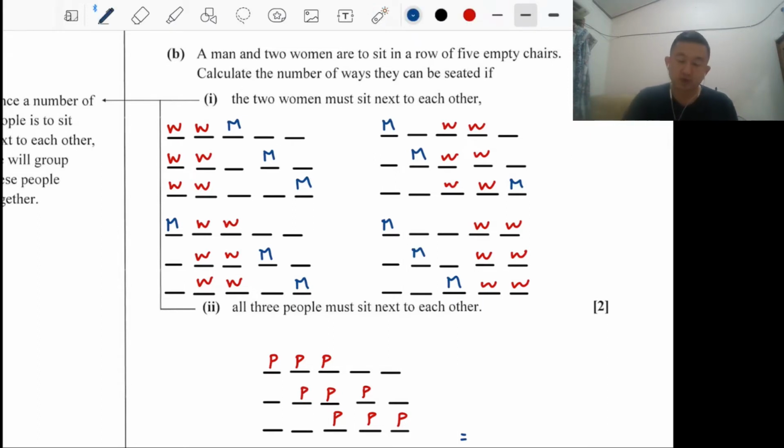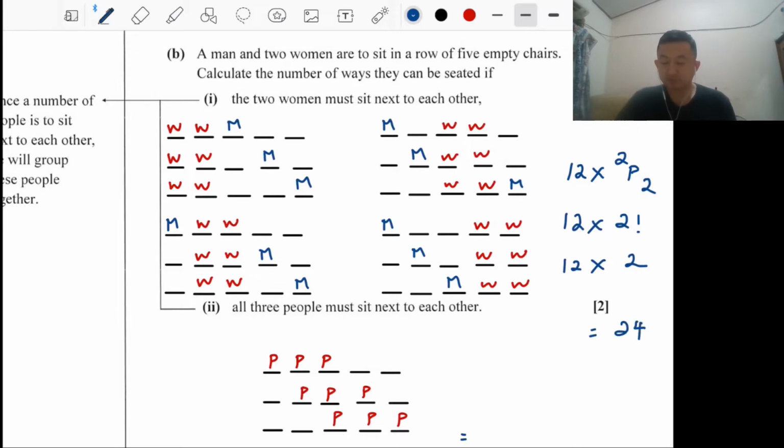So the way you do this is 12 times 2P2. Why 2P2? Because the 2 girls can swap their own places. Or you can also understand it as 12 times 2 factorial, or write it as 12 times 2. Up to you. But the answer must be 24.